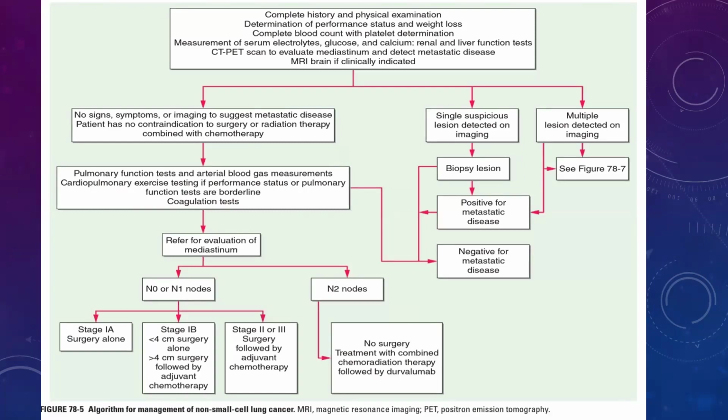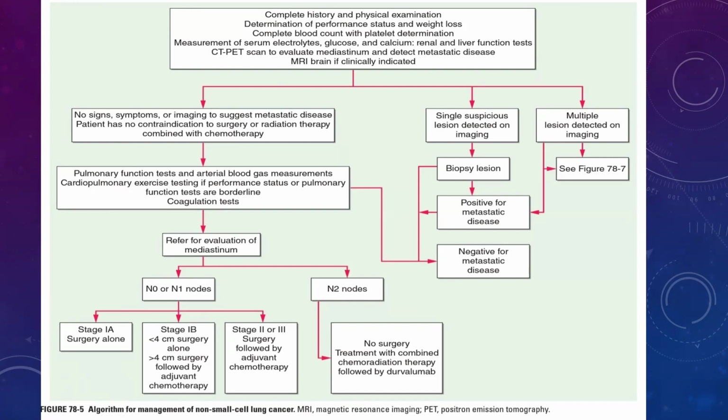So first, we have to diagnose the patient. Do the CT scan, the workups for your metastasis. And if you find that you have no signs of metastasis, and you check your lymph nodes and stage the patient. So if your patient falls under stage 1A, this figure tells you that surgery alone is the management of choice.